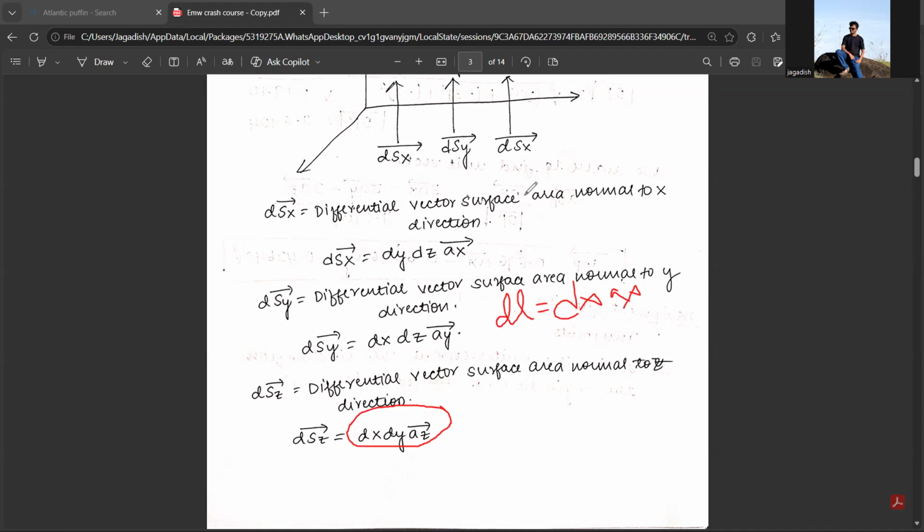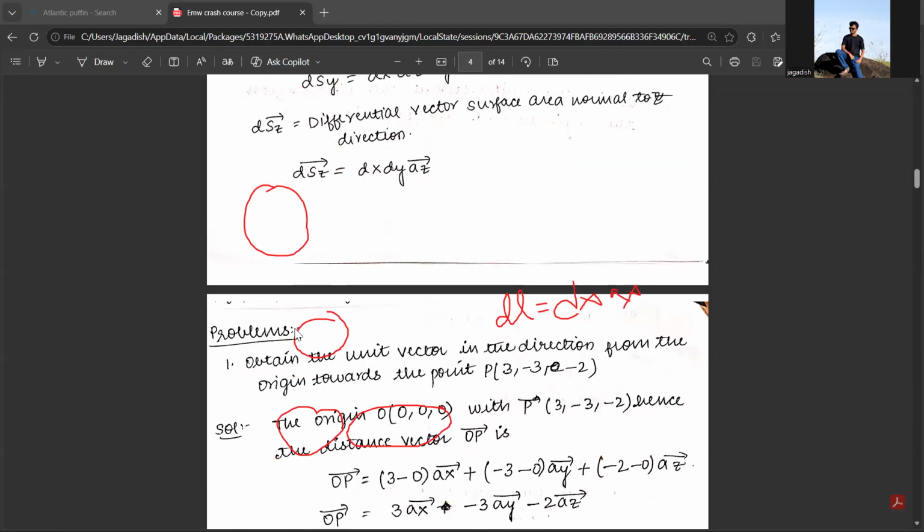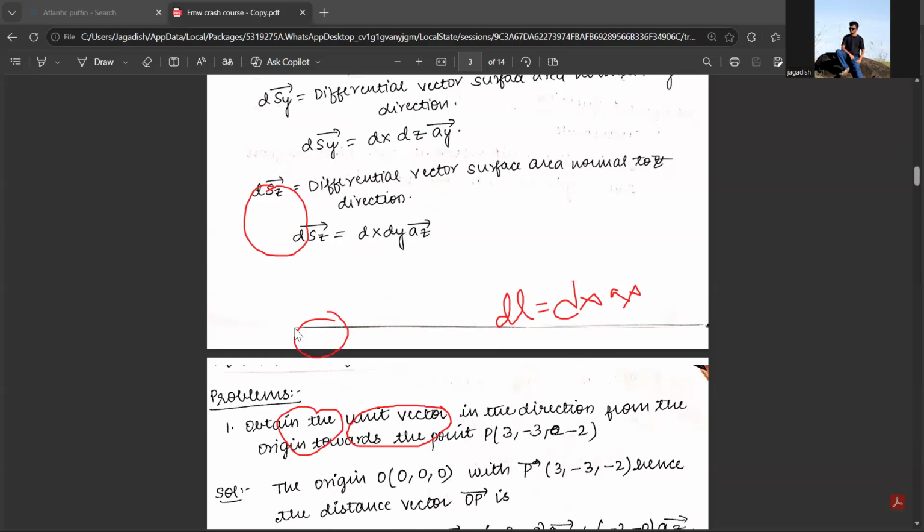Yes, very good. That was the differential length, and the earlier one was the differential surface area. If you remember this, you will not get confused while solving problems. So we will be solving the problems now.